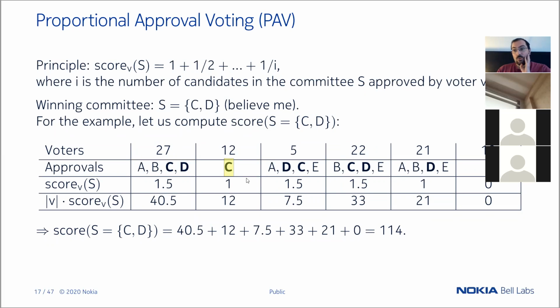Here, these guys approve only of C, and so their level of happiness is 1, and so on and so on. So the score of the committee C and D is 114, and it can be shown, in fact, that no other committee has a better score in that example.